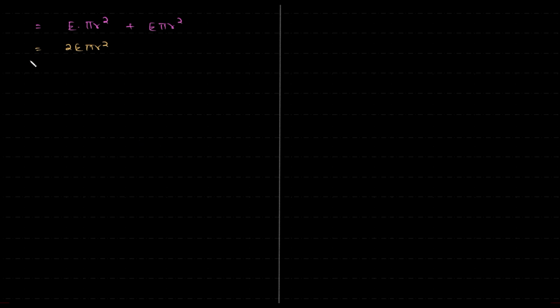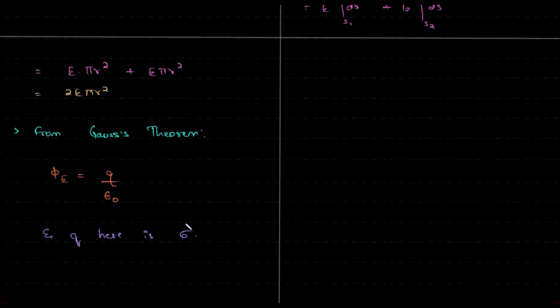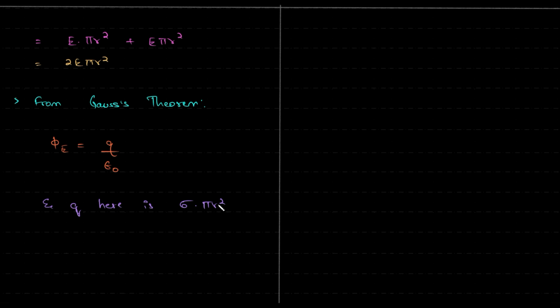Now, from Gauss's theorem, the flux through any surface is the amount of charge that it encloses divided by the permittivity of free space. And Q here will be equal to what? It is density into the area. What is the area that is enclosed over here? That is your pi r square.